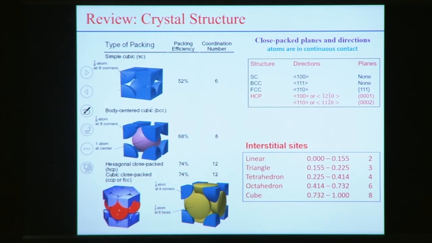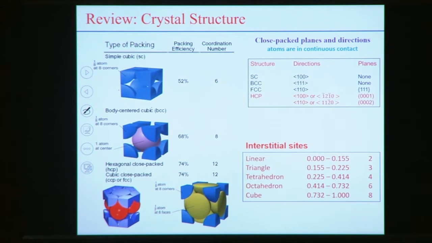If you focus on one atom within the unit cell, how this atom is in continuous contact with the surrounding atoms decides the coordination number of a specific crystal structure. So the simple cubic structure has a coordination number of 6 only. If you look into the body centered cubic structure, where one atom exists at the body center along with the corner atoms, it has a packing efficiency of 68% and the coordination number is 8.